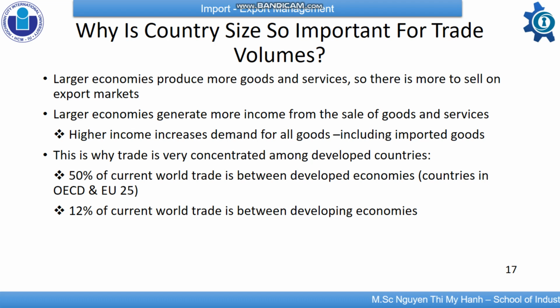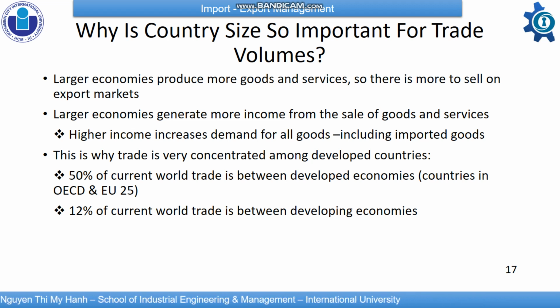So why is a country's economy size so important for trade volume? Because if a country has a larger economy, it will produce more goods and services, right? So they will have more products to sell to the market.